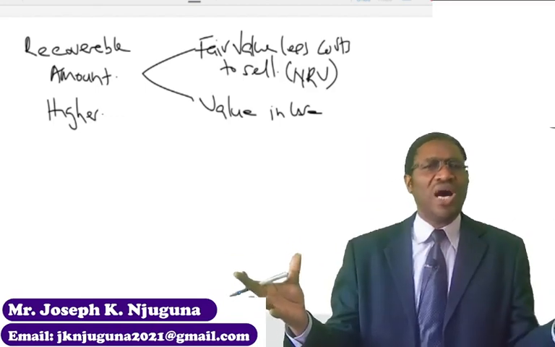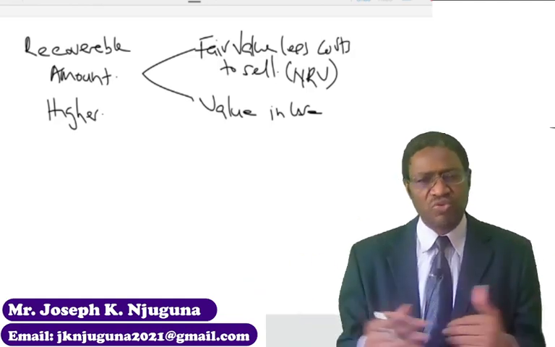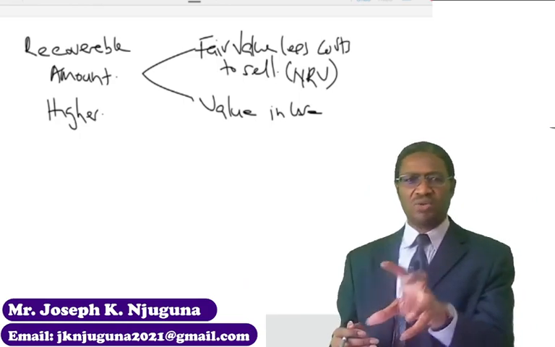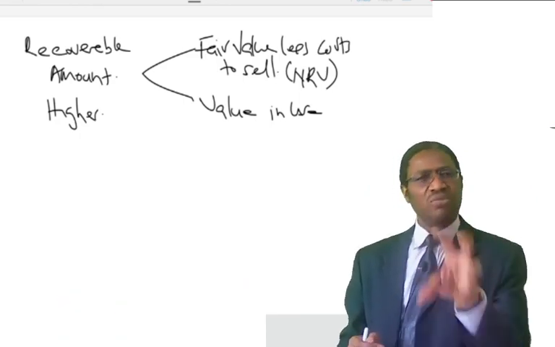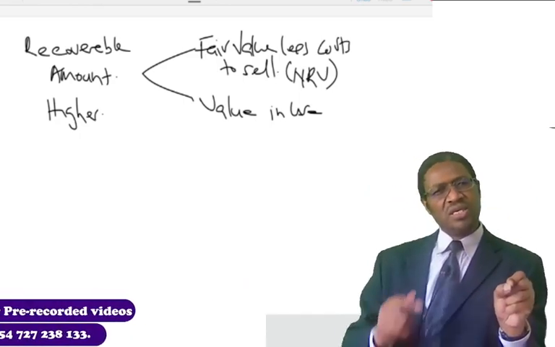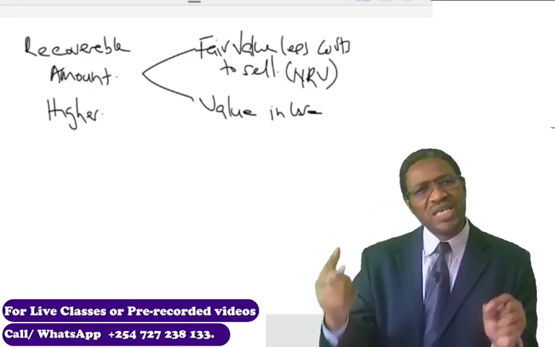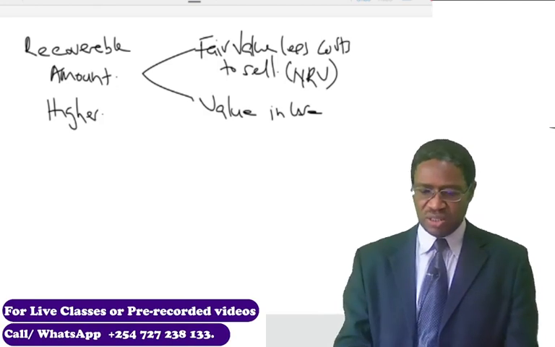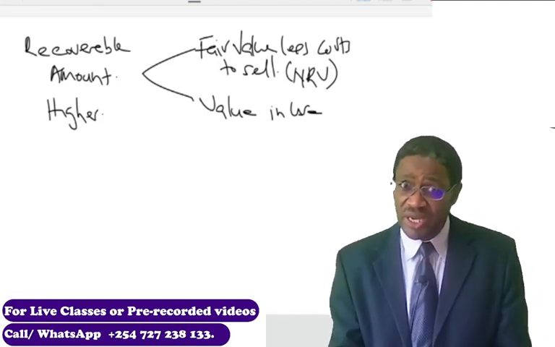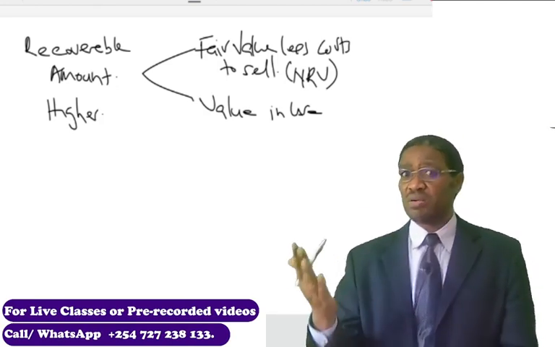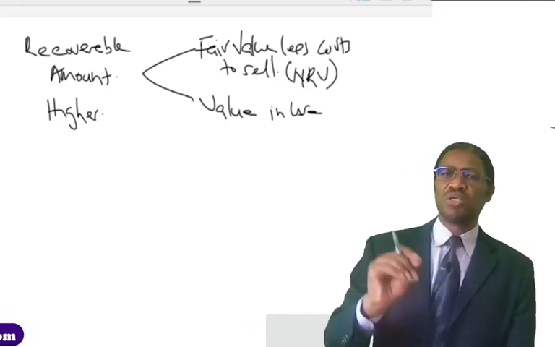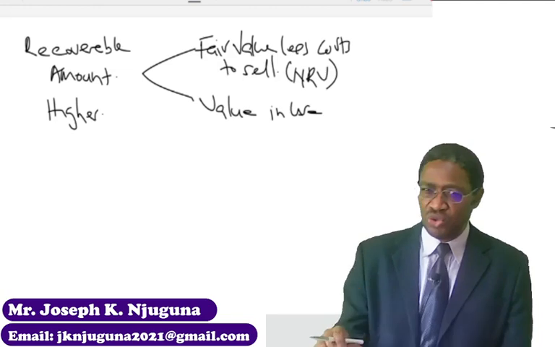So if you are asked to define, which of course some of your past papers do ask you to define, what is recoverable amount? We are saying the recoverable amount of an asset is the amount that is considered to be the higher of, number one, fair value less cost to sell, in other words, net realizable value, and number two, value in use.